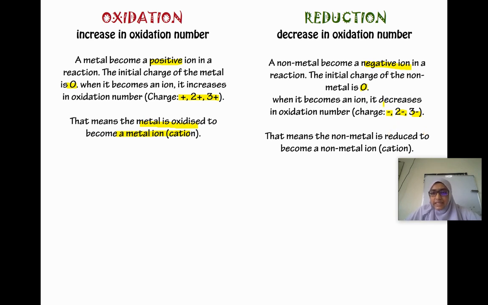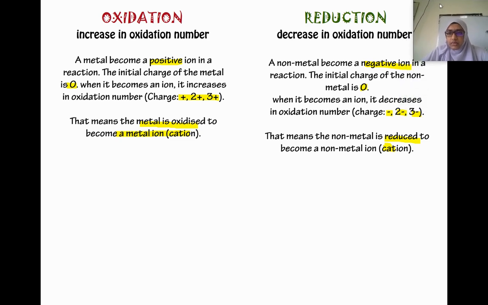So in this case, you can see that it has gone from 0 to a minus number, so it has been reduced. It has a decrease in oxidation number, and it has become a non-metal ion. It's supposed to be anion, not cation. This one is wrong. Okay, anion.